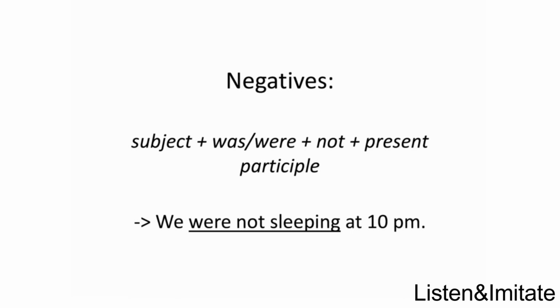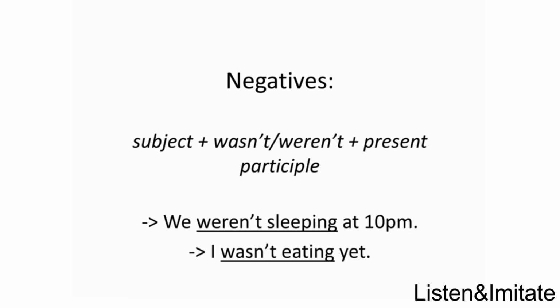To form negative sentences, we can use the structure subject plus was or were plus not plus the present participle. For example, we were not sleeping at 10 p.m. We can also contract the auxiliary verb be with the word not.